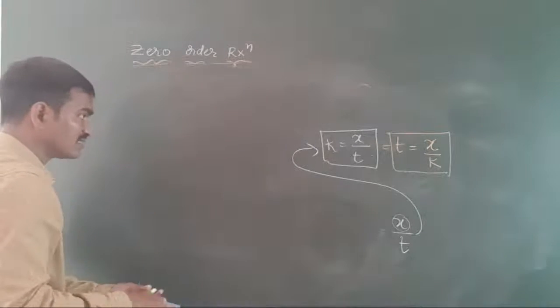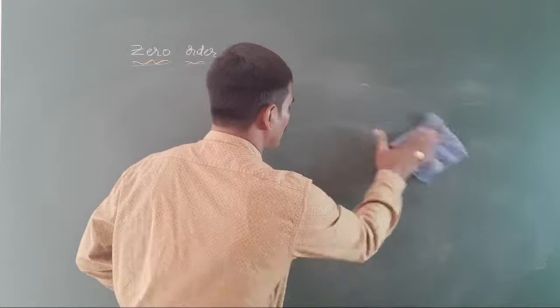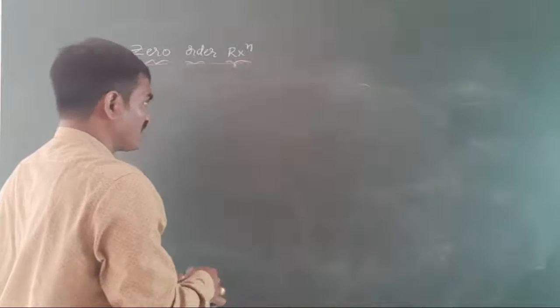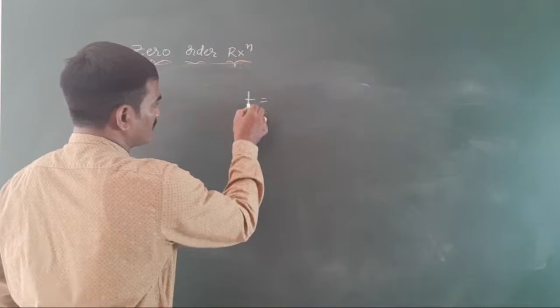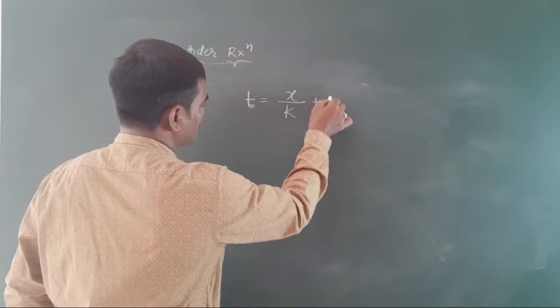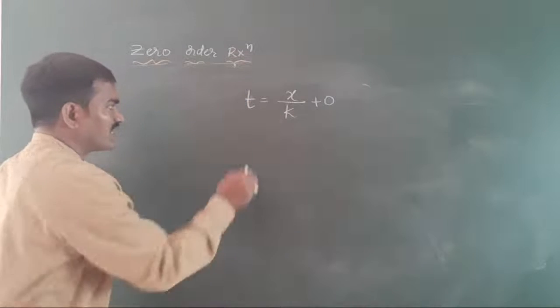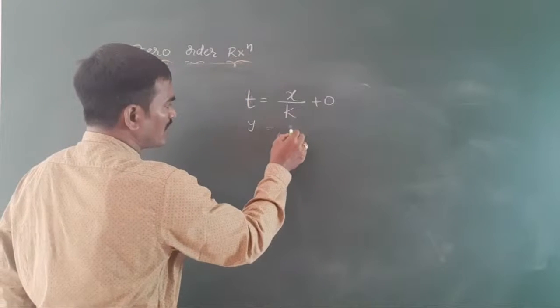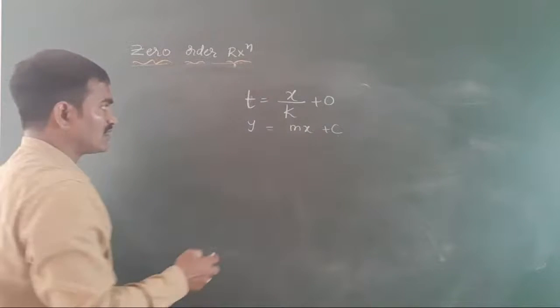So what is that? Here you can write t is equal to x by k. You can take t is equal to time, x by k plus 0, no problem. Plus 0 you take. y is equal to mx plus c.